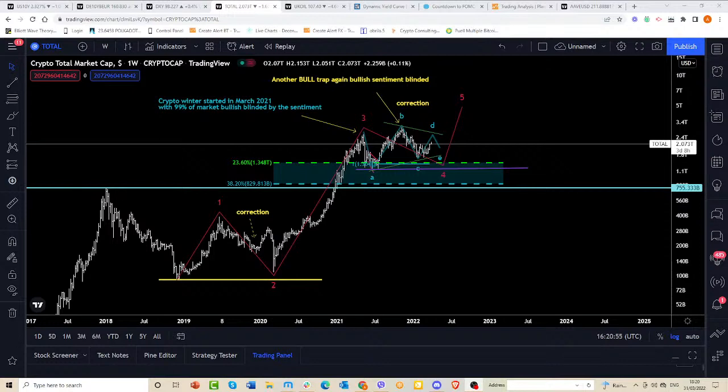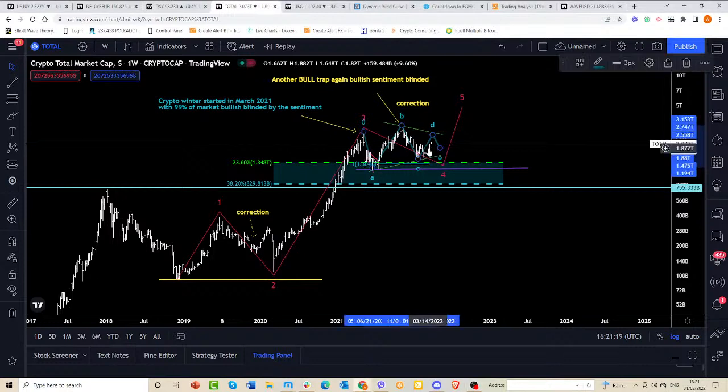For now, this consolidation has characteristics of a triangle. We are still basically trading sideways. We are looking for a little bit more upside, which I will explain on the Bitcoin chart. Why I would like to see this total crypto market cap going further higher, with the Bitcoin chart, there is a specific reason for it. I will go more into depth on that looking at the Bitcoin chart.